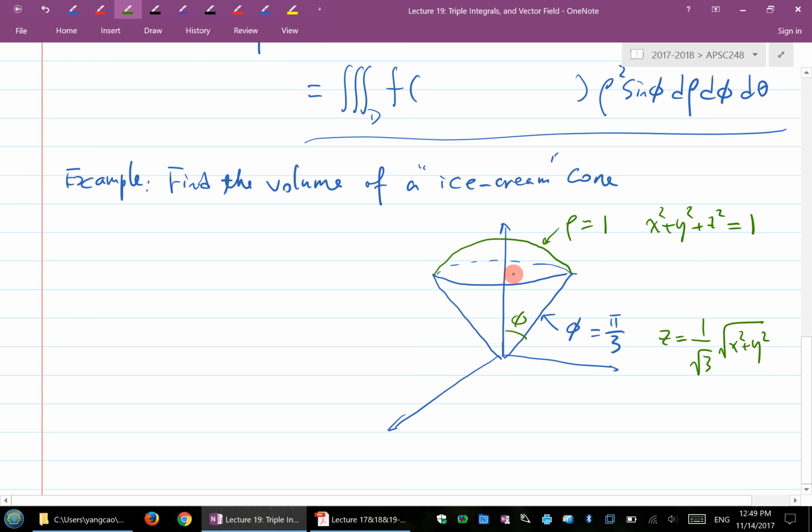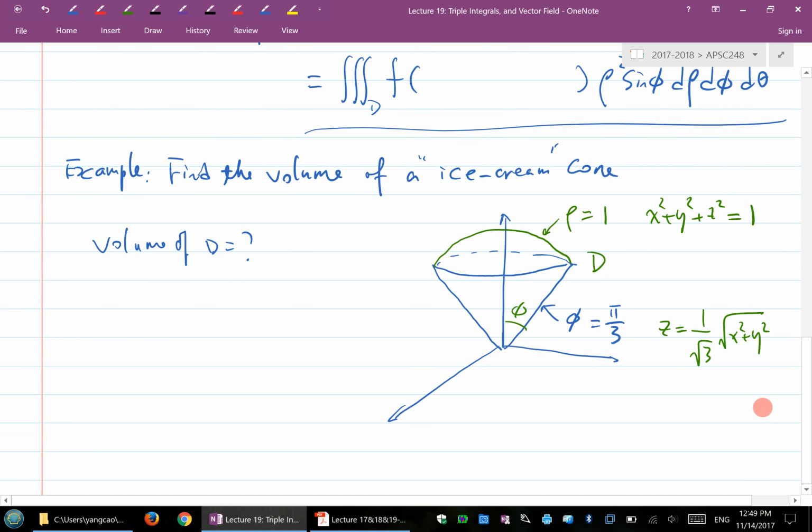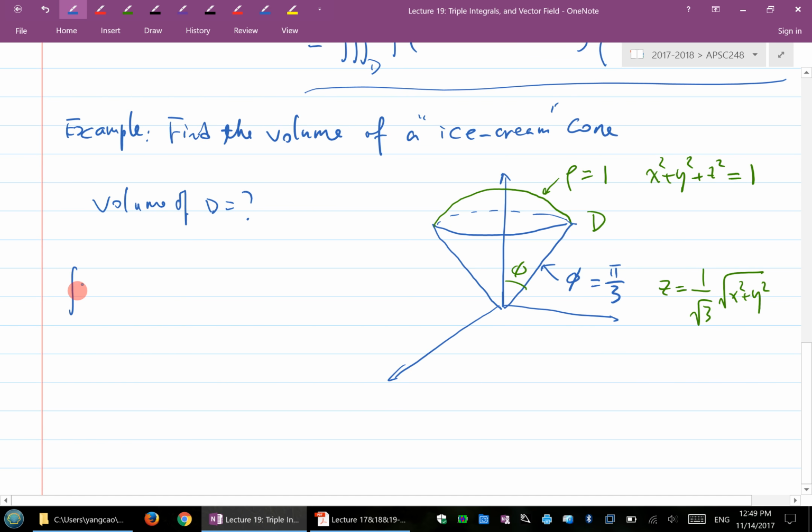Now, given this ice cream here, this is your region D, and we're trying to find the volume of this region D. So volume of region D means you integrate a triple integral with the integrand being 1. That should give us the volume.